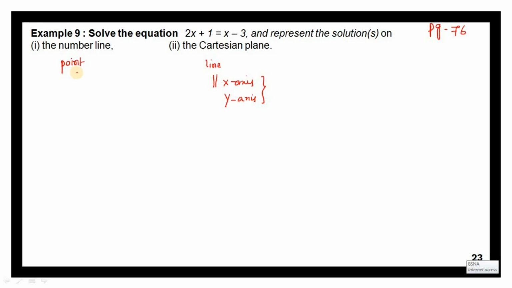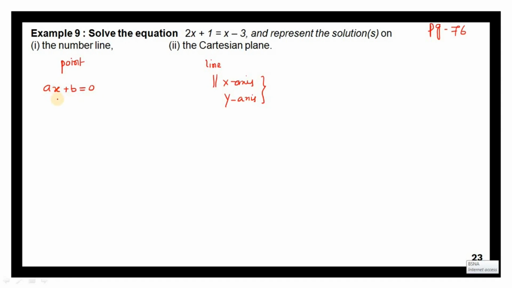When we are representing a point on a number line, it's simply a linear equation in one variable. What is the standard form of a linear equation in one variable? ax plus b is equal to 0, where a and b are real numbers.